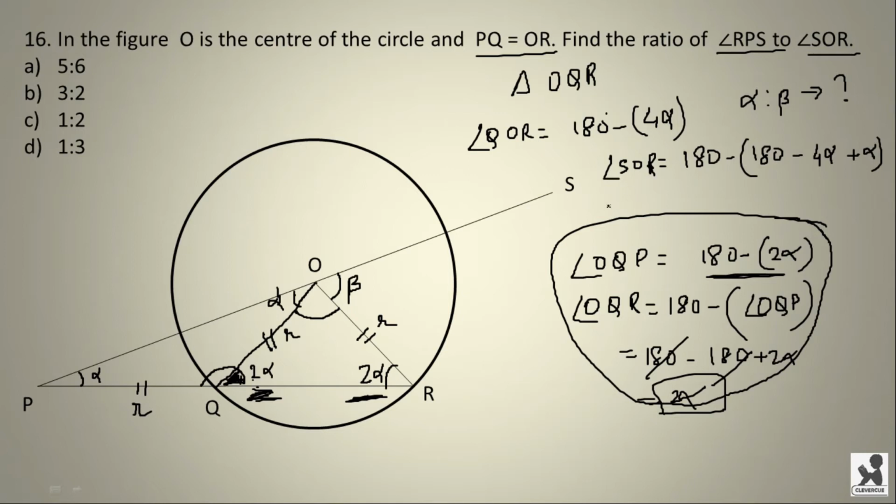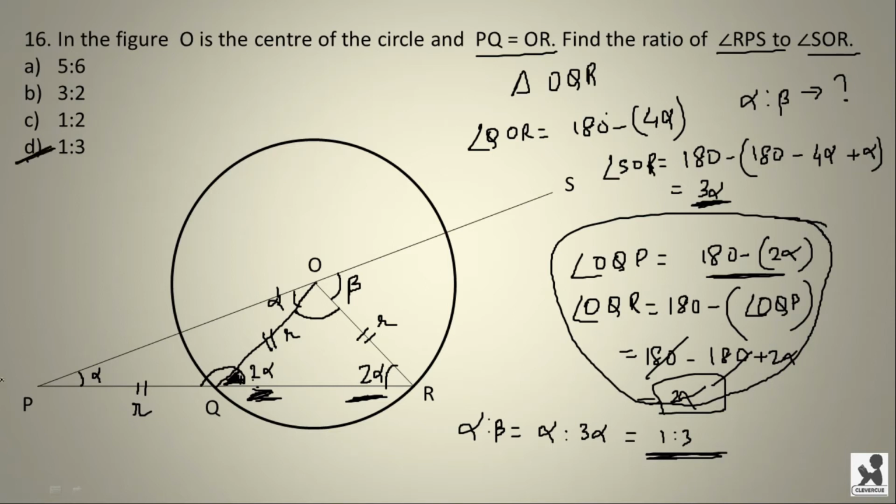So this is the value of angle SOR, where we get 3 alpha as the angle. So now if we substitute 3 alpha in the place of beta, alpha is to beta is equal to alpha is to 3 alpha, where we get 1 is to 3. So 1 is to 3 is the right answer.